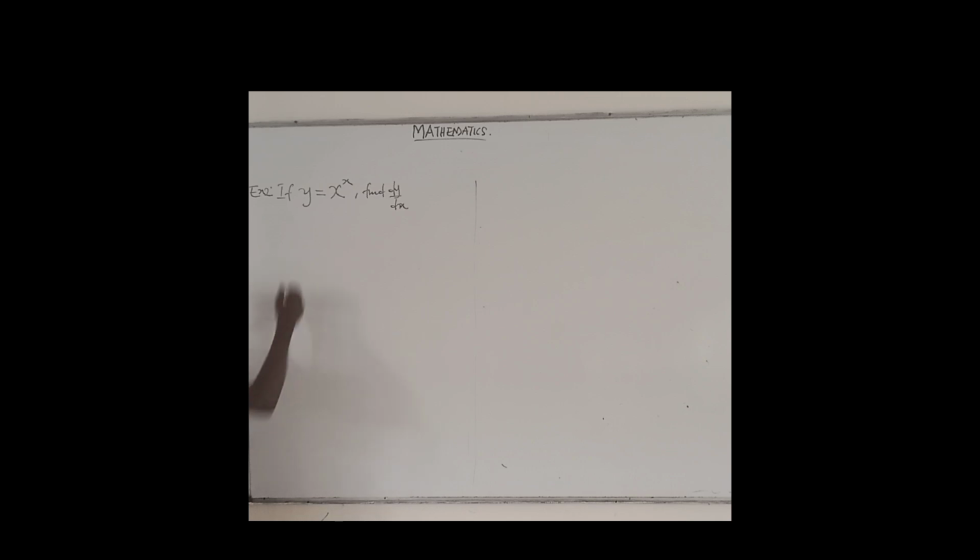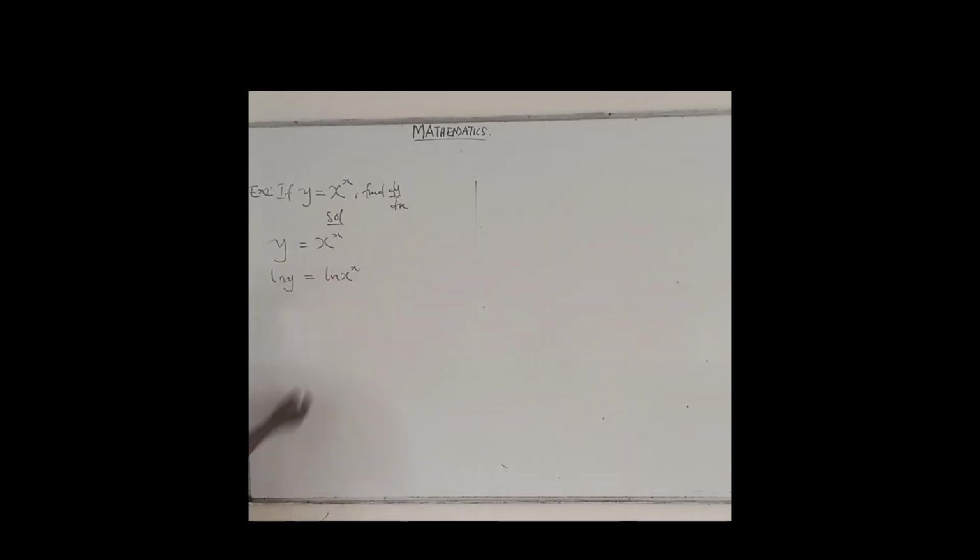Now, y is equal to s raised to power s. What are you going to do? So, solution: y is equal to s raised to power s. The next thing you do, you take log of both sides. So when you take log of both sides, you are going to have ln y is equal to ln of s raised to power s.